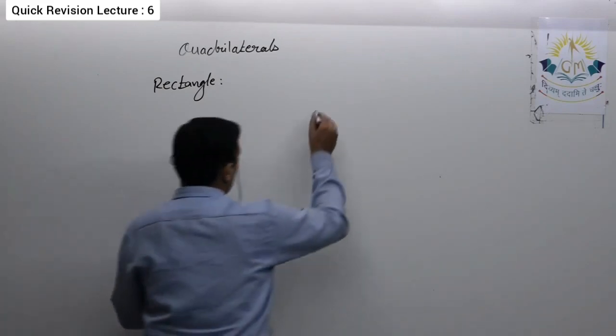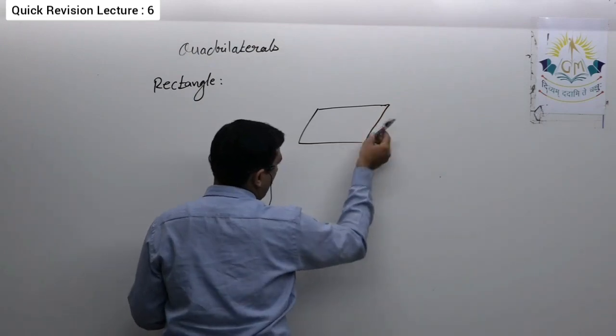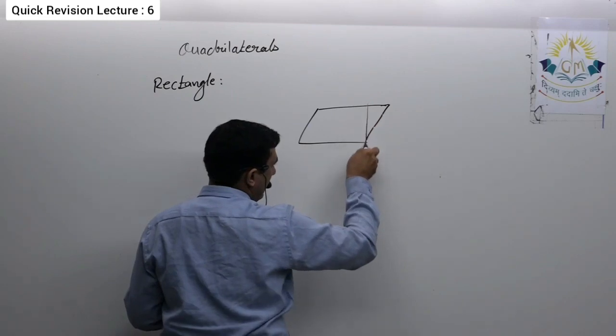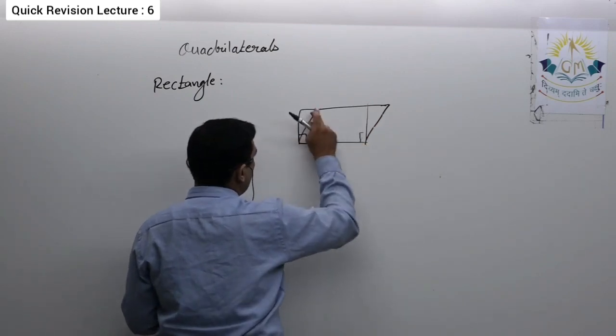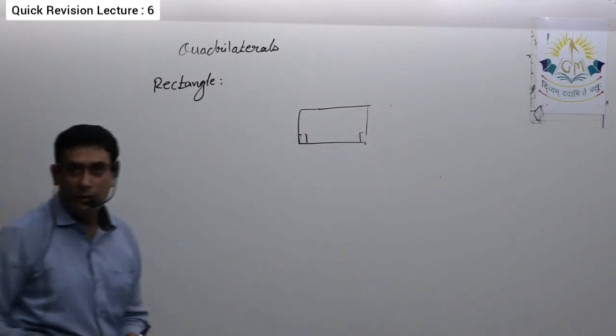Okay, see, this was a parallelogram. Now if I move this side in such a way that this becomes like this, and this angle becomes 90 degrees, we'll get a diagram something like this. So this will be a rectangle.